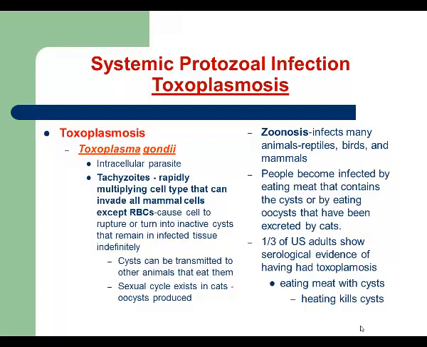People usually get infected after they ingest cysts of this pathogen, and as you see, 1/3 of US adults show seropositive results. It means 1/3 of US population has been infected once in their life. And for healthy individuals, this infection is not life-threatening.